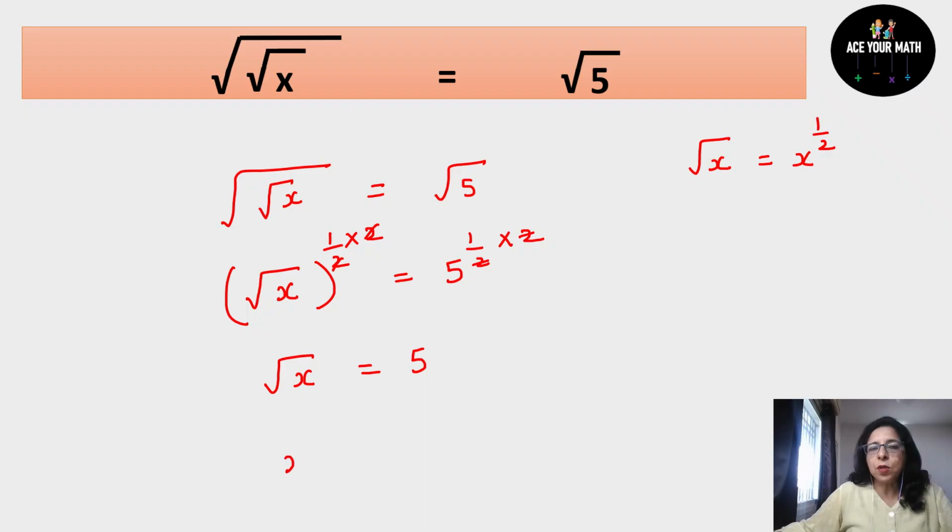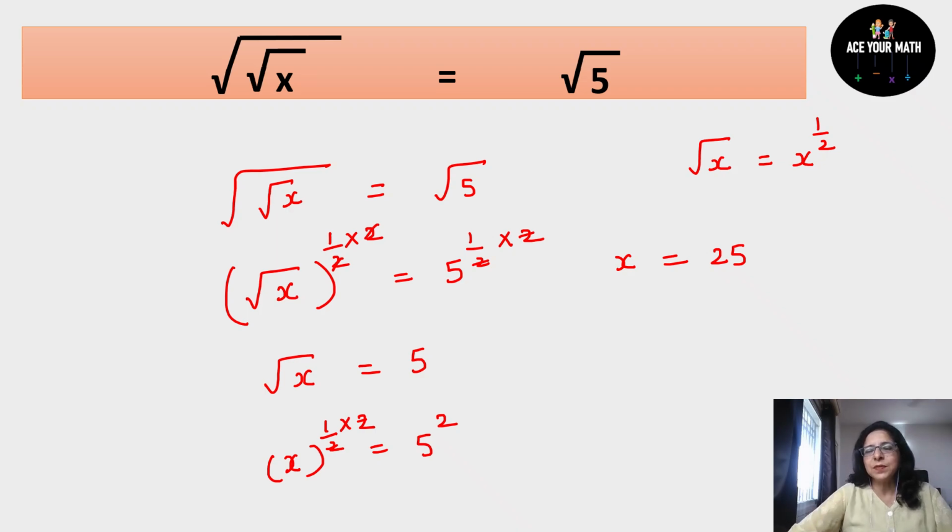So here also on the left hand side, root x can be written as x to the power 1 by 2, equals 5. Again, I want to eliminate this 2. So what will I do? Again, I will square on both the sides. On the left hand side, this 2 and 2 will get cancelled, so I will have only x. And on the right hand side, 5 squared is 25. So what is the value of x? The value of x is 25.